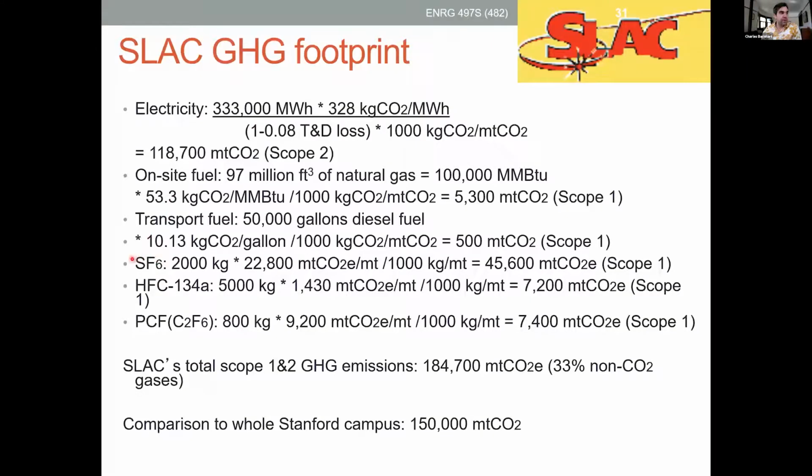Now we're getting into other scope 1 emissions. These are greenhouse gases that are emitted on site. They're just not CO2. So now we have to think about global warming potential values. So sulfur hexafluoride, 2,000 kilograms were used.